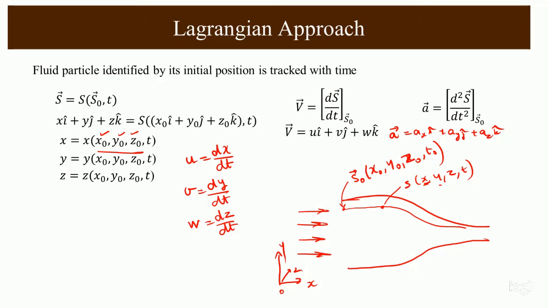Now what is ax, ay, az? Simple. ax would be d square x by dt square, ay would be d square y by dt square, and az would be d square z by dt square. That's how we specify all these things. Next we will go with the Eulerian approach.